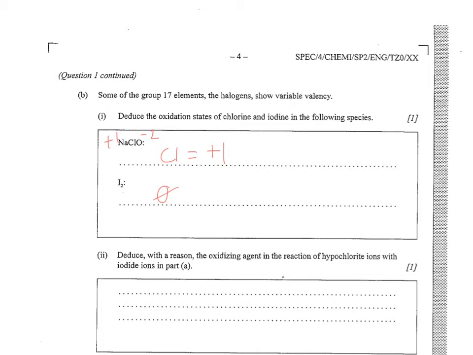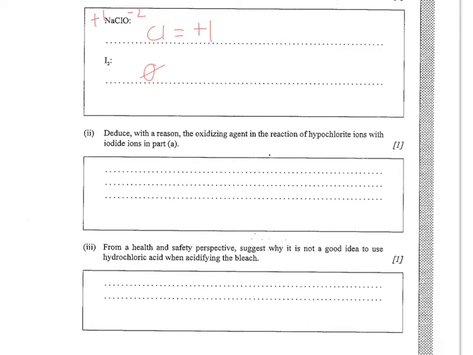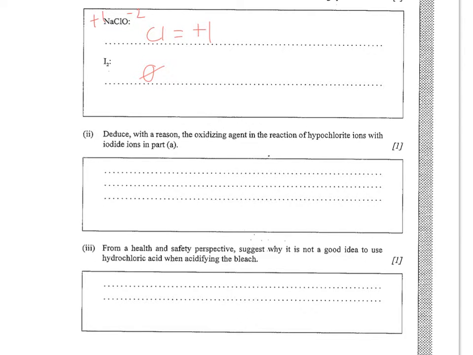Question number 2, deduce with the reason the oxidizing agent in the reaction. So if I look at the reaction, I start with ClO minus plus 2I minus plus 2H plus, and it yields Cl minus plus I2 plus H2O. And when I look at that, if I assign oxidation states, I know chlorine is going to be a +1 here because the oxygen gets to remain -2.